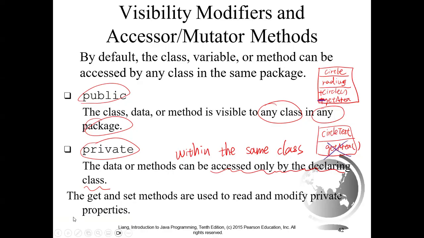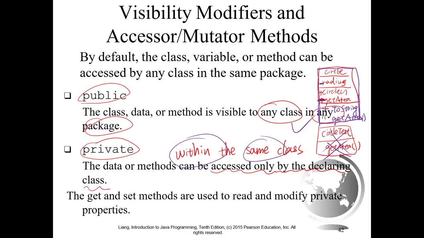However, within the Circle class, if there is a function, for example toString, and in toString you call getArea, it's totally fine. You can use the getArea method because it is within the same class. But if it is outside the class, you can no longer call this method or any data. If the radius here is private, you can no longer access such a value.